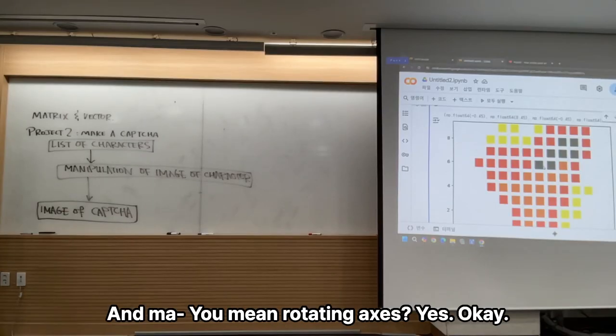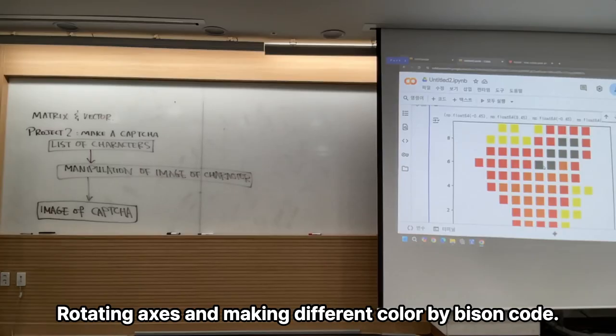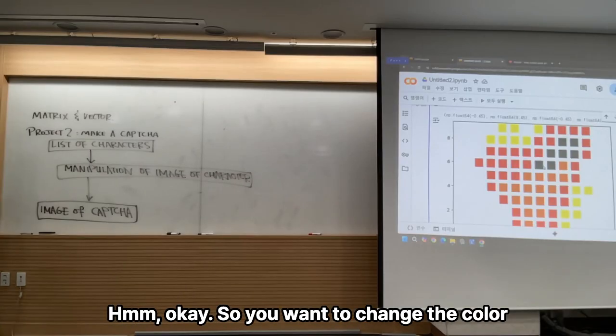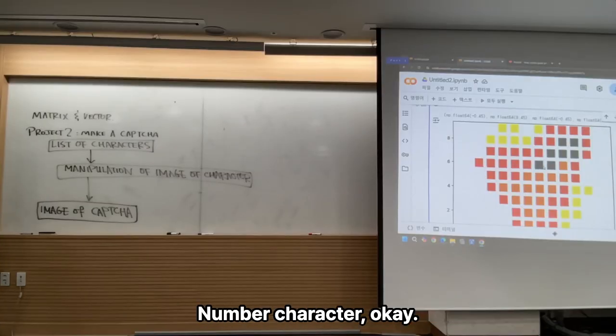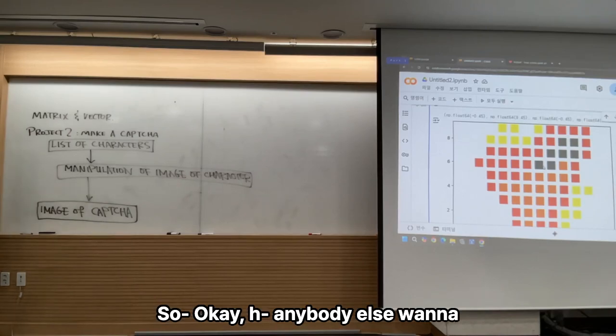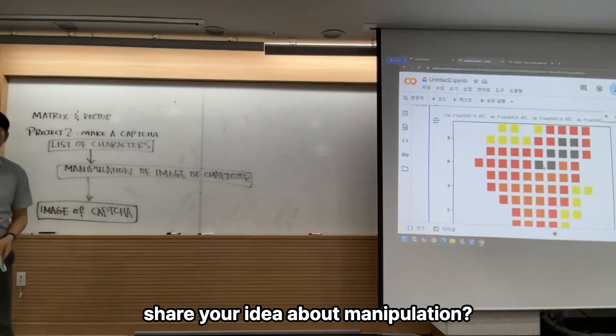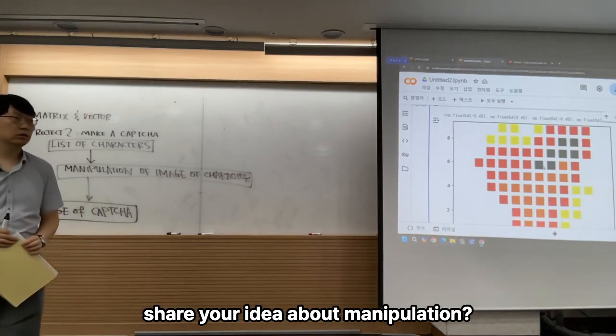You mean rotating the axis? Yes. Rotating the axis and making different colors by Python code. Okay, so you want to change the color and have some rotation of the image of each character. Number character, okay. So anyone else want to share your idea about manipulation?